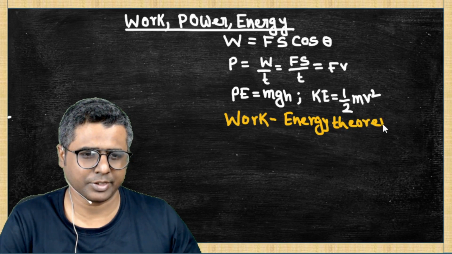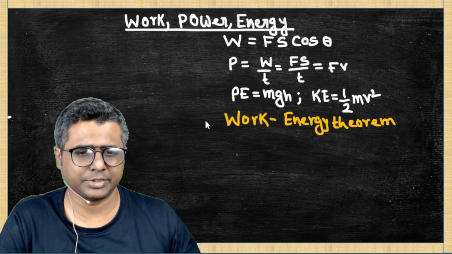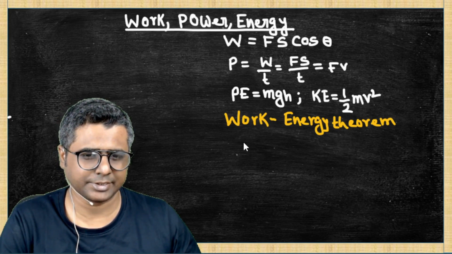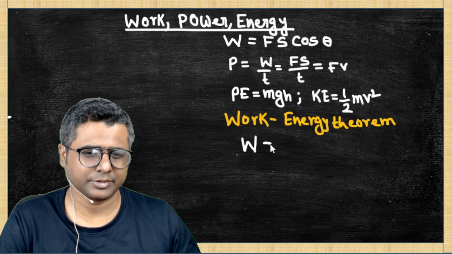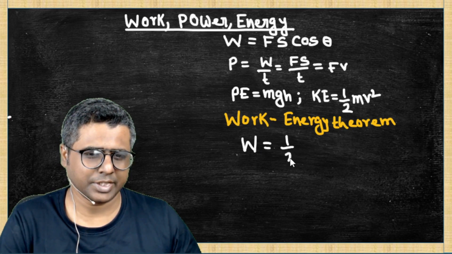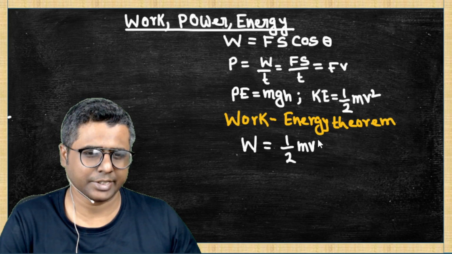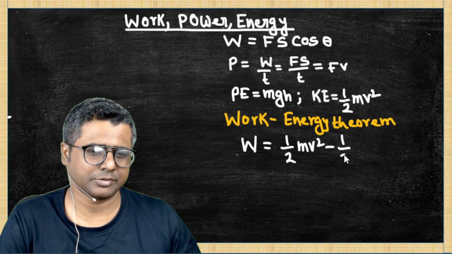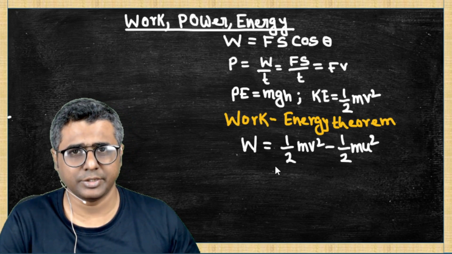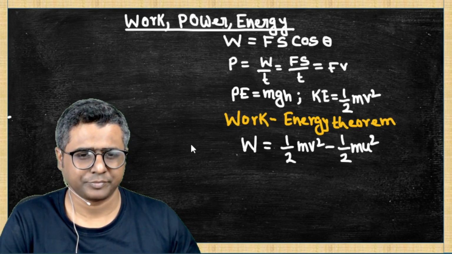This is very important. So in work energy theorem, what we understand is work done is equal to change in kinetic energy. So this is also a very important formula and used in various problems.